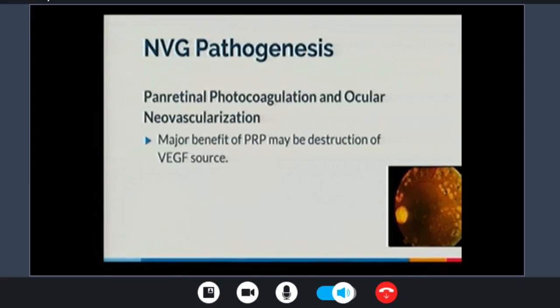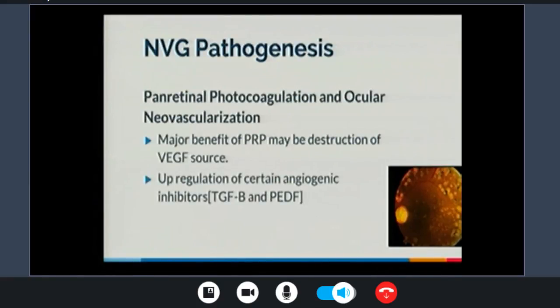So what are the benefits of panretinal photocoagulation? As we mentioned, it is destruction of the source of this molecule, converting the hypoxic retinal cells and retinal tissue to anoxic retinal tissue.